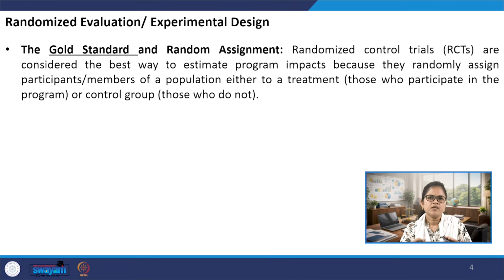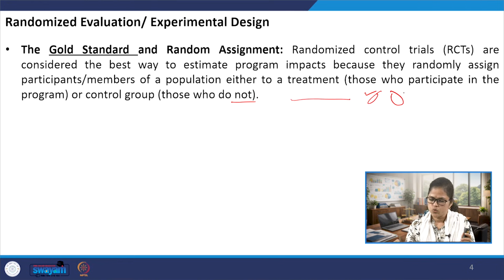Through the randomization process, they randomly assign participants either to a treatment group, meaning those who participate in the program, or to a control group, meaning those who do not participate in the program. So participants are randomly assigned to two broad groups: the control group and the treatment group.